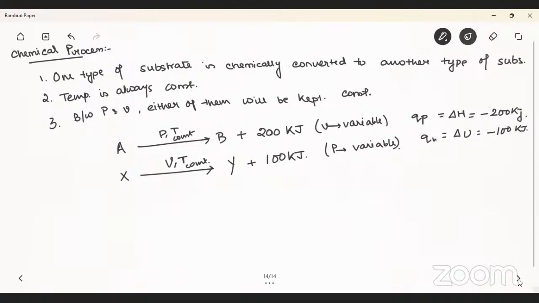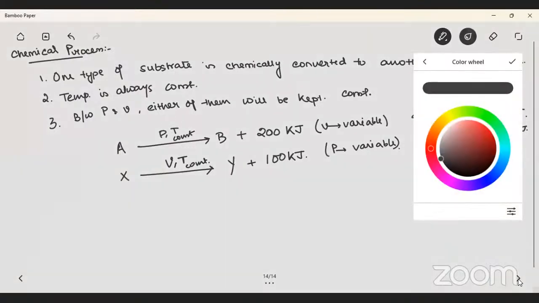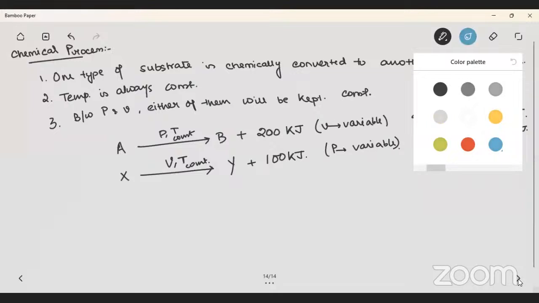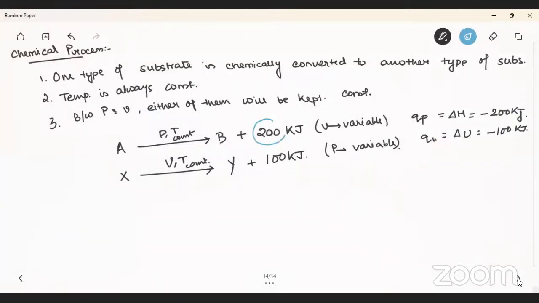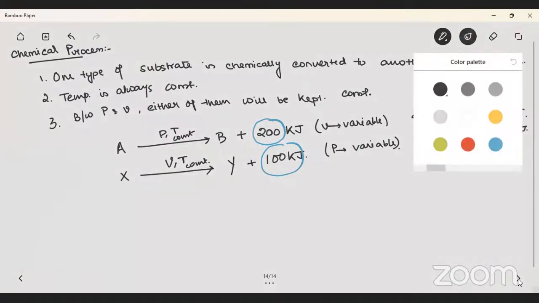If anything is written on the right hand side of any chemical reaction, always give the negative sign. Here it is written on the right hand side, so I have given the negative sign. Again it is written on the right hand side, so again I have given the negative sign. This is the basic form of understanding.